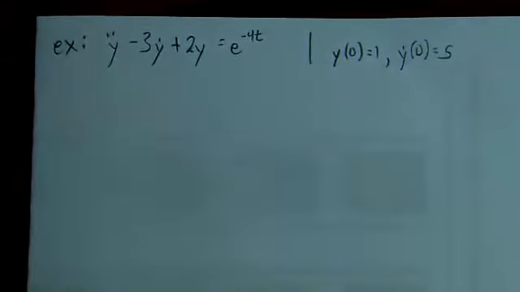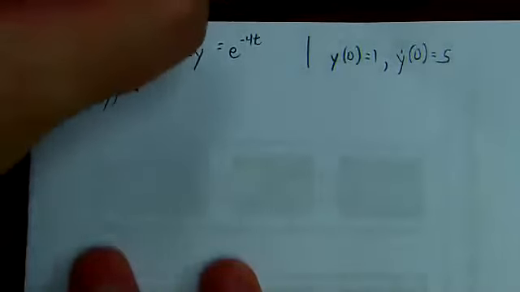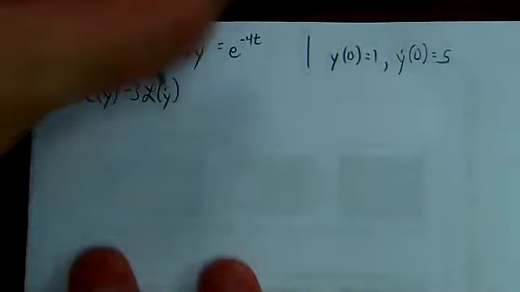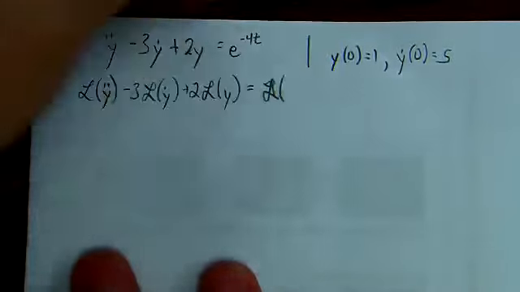So I'm going to take the Laplace transform on both sides here. So I have the Laplace of y double dot minus 3 Laplace of y dot plus 2 Laplace of y is equal to the Laplace of e to the negative 4t.